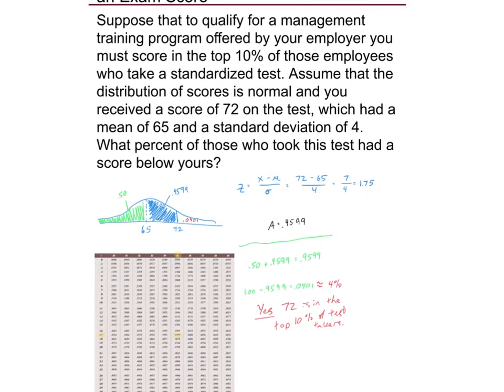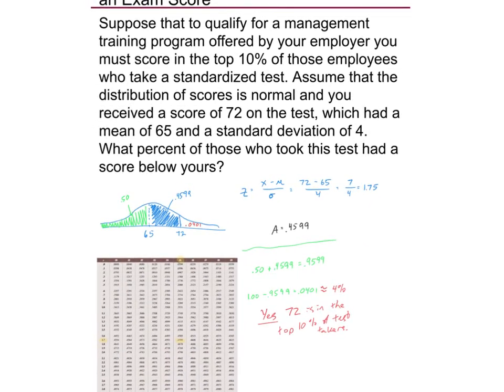Draw your bell curve by hand, shade, label things: the mean's in the middle. Where is my score? My score was a 72. Then convert your test score to a z-score, find the area that corresponds to that, and then how do I answer the question? Am I looking for the amount that are above that, or the amount that are below that? That's how we work through this problem.